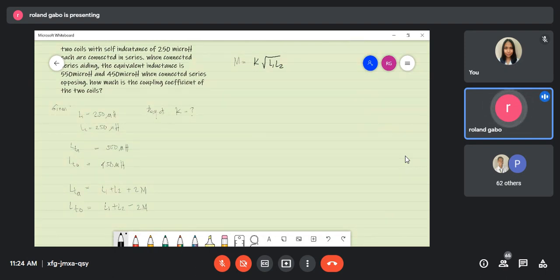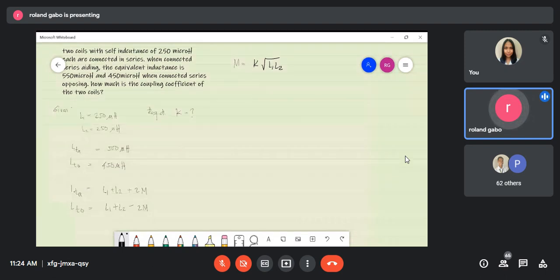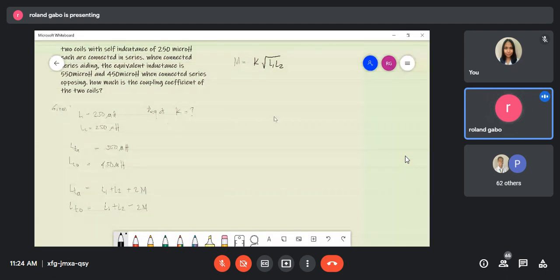So that is our formula needed to solve for the coefficient of coupling. L1 now is given. L1, L2 given na daan, which is 250 microhenry. M is not given, but we have aiding and opposing values.